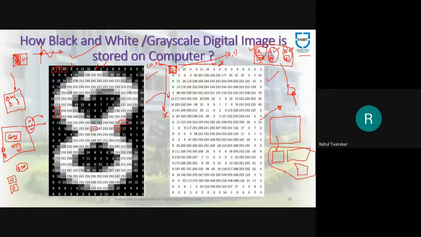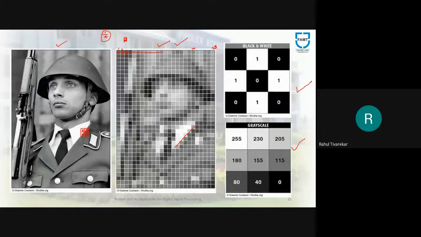The next pixel, at intensity 15, is at x equal to 0, y equal to 2. So I hope you understand. In the horizontal direction, the x value remains constant and the y value increases.